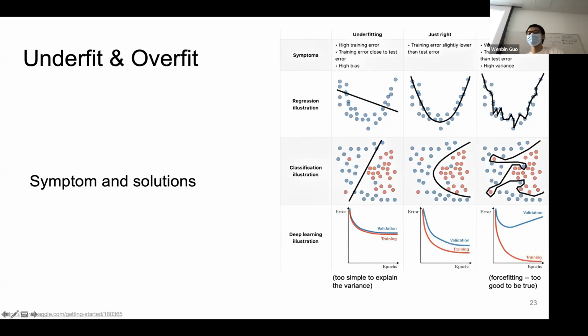We have a very low training error, much smaller than the test error, and a higher variance. As we can see here, we can tell overfitting from the validation error and the testing error versus the training error.